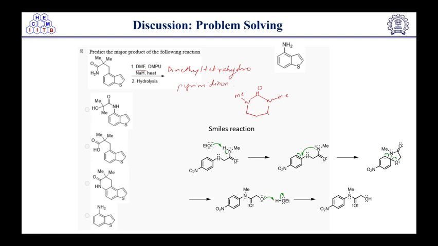Because tetrahydro is there, there is no double bond, like tetrahydrofuran. So after getting the structure of this pyrimidinone, we are going to discuss the Smiles reaction.